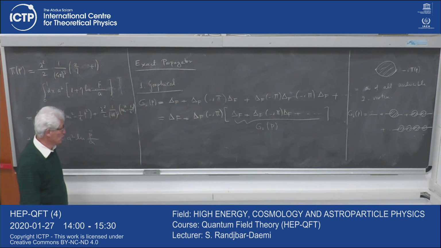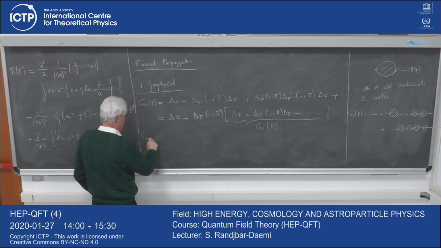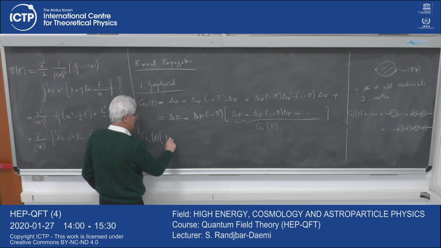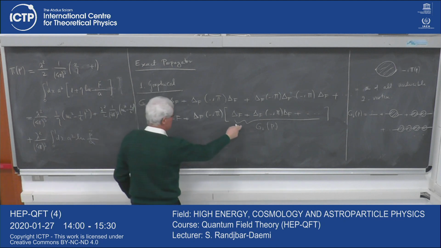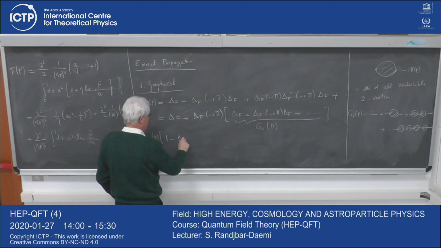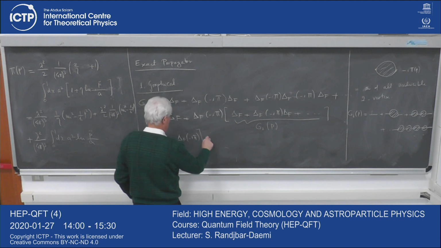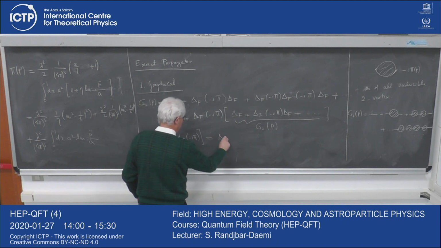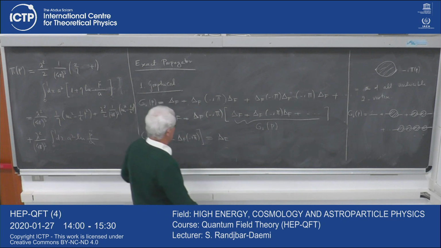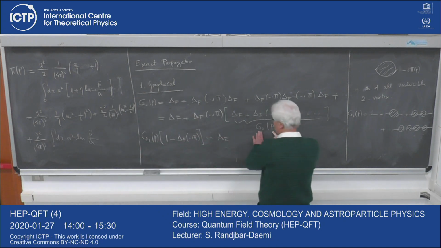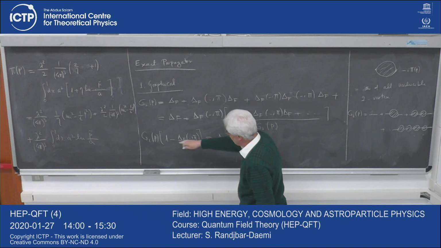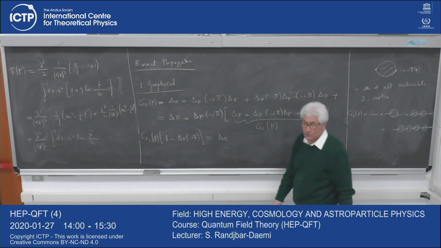So if you take the G2s to the same side, you have G2P, there is 1 from here, minus delta F minus I pi, equals delta F. Well, this is this times G2, I took to the other side and factored the common G2.